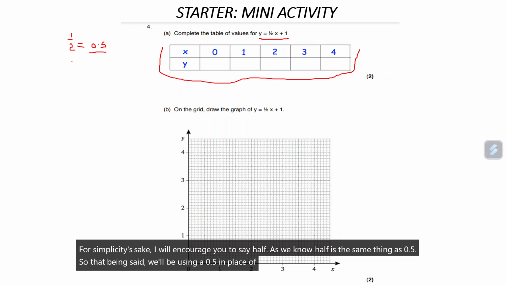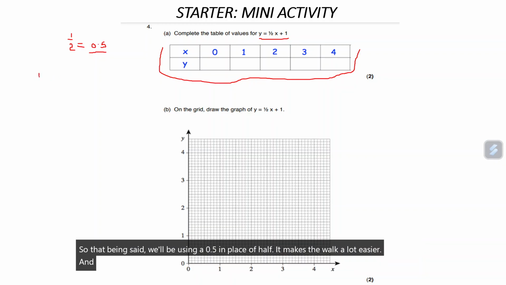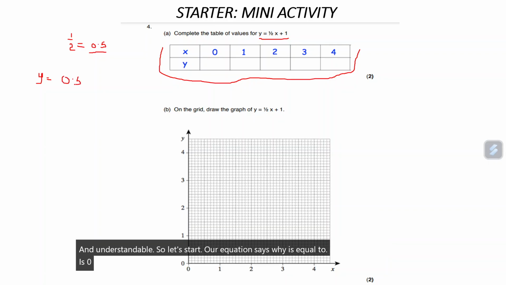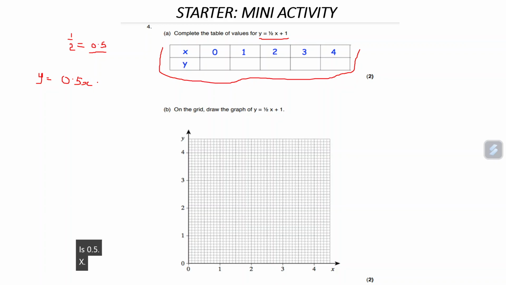It makes the work a lot easier and understandable. Our equation says y is equal to 0.5x plus 1.